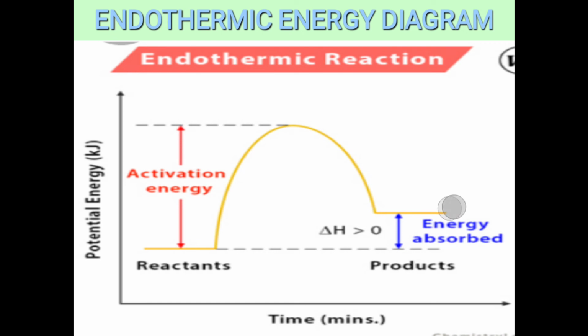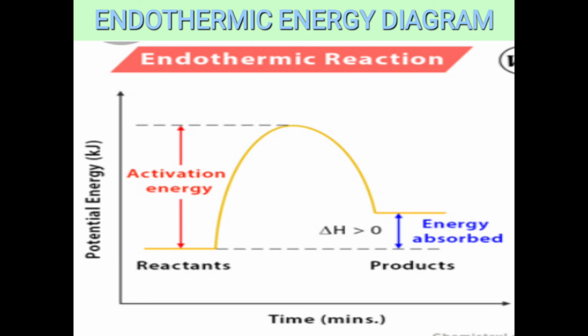If you look at the value of potential energy at this point, it is more than the value of the reactants at this point. So potential energy at this point is less than the potential energy at this point here. Here in this case, heat energy is absorbed from the surrounding. In other words, products here have more energy than the reactants.